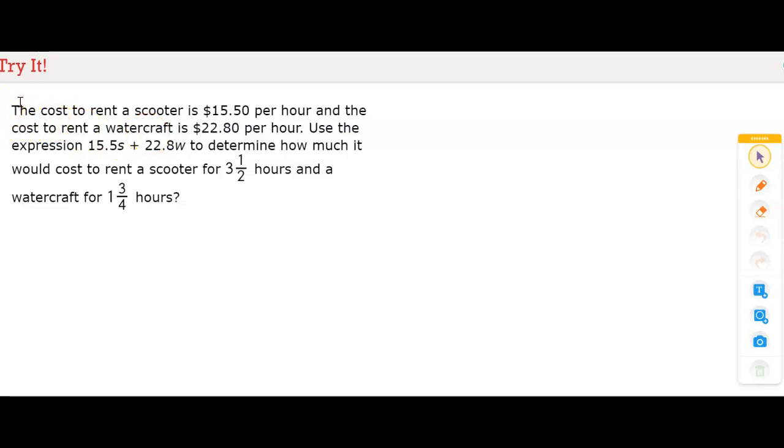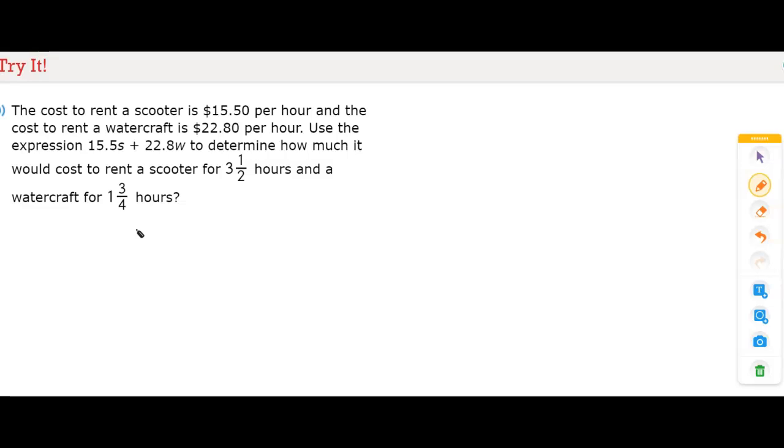The cost to rent a scooter is $15.50 per hour, and the cost to rent a watercraft is $22.80 per hour. Use the expression 15 5/10 times S plus 22 8/10 times W to determine how much it would cost to rent a scooter for 3 1/2 hours and a watercraft for 1 3/4 hours. So let's identify our important information.